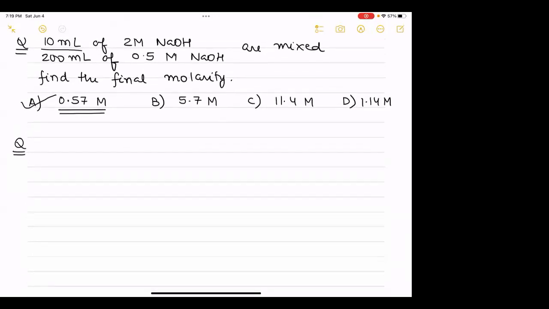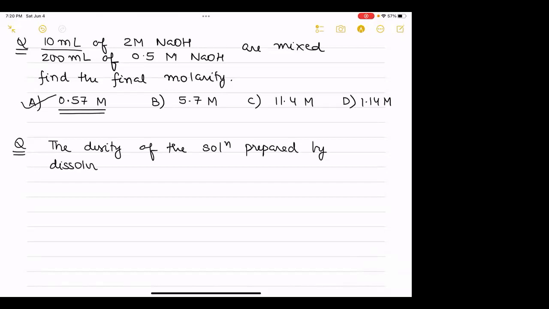Related to molarity. Okay, so the density of the solution prepared by dissolving 120 grams of urea.